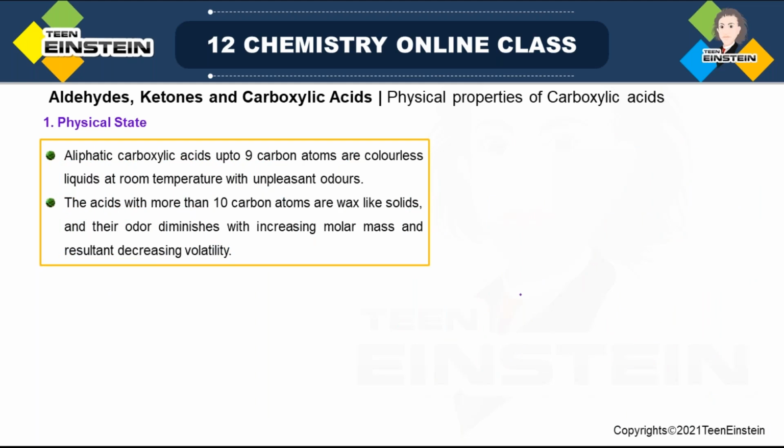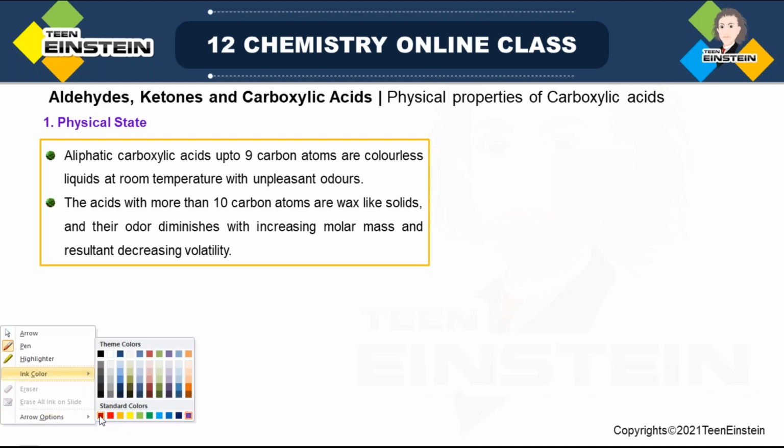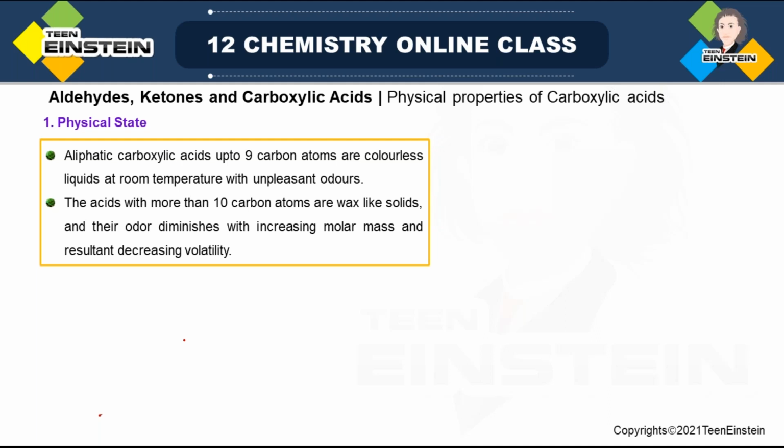So after finishing the problems related to synthetic methods for preparation of carboxylic acid, now we are switching to physical properties of carboxylic acid. When it is physical properties, the first physical property we are going to discuss is physical state. That means whether they will be liquid, solid, or in vapor state.